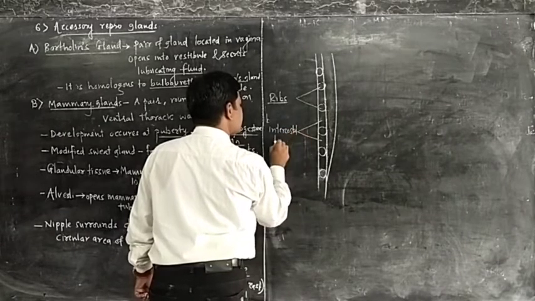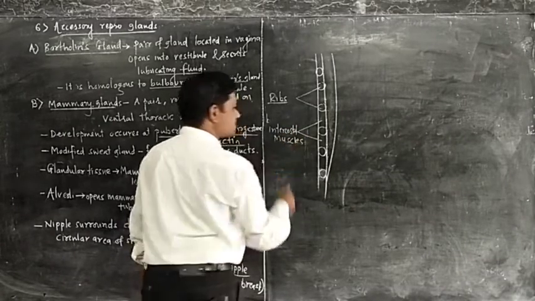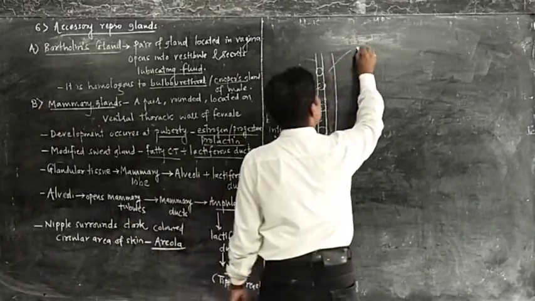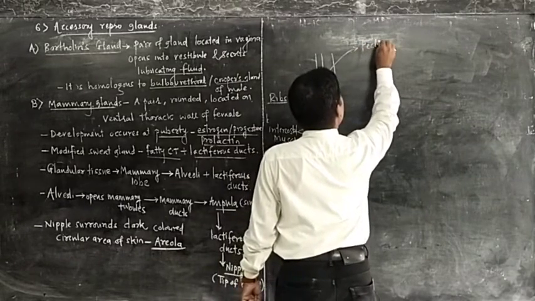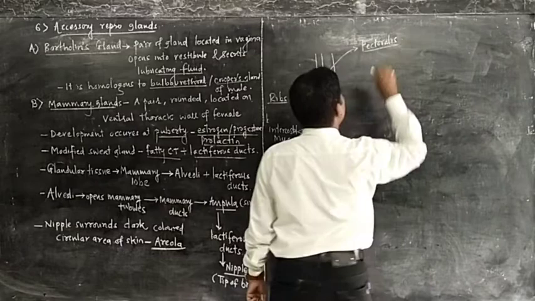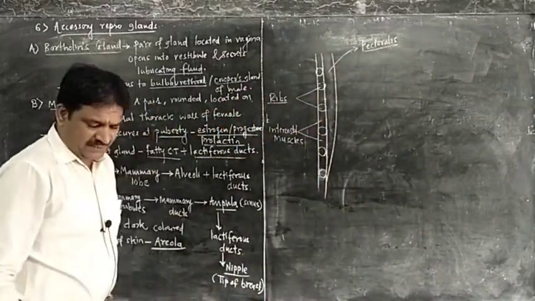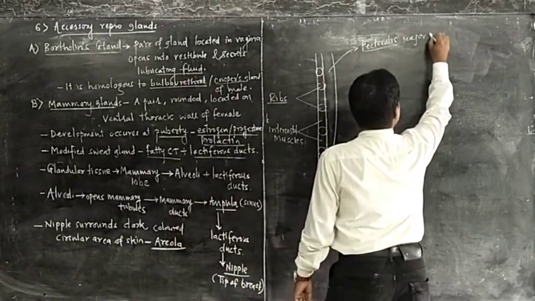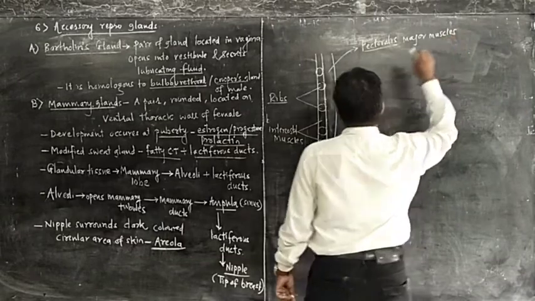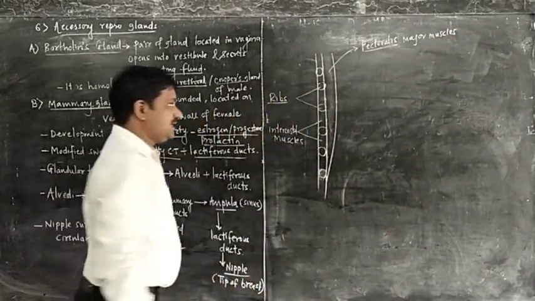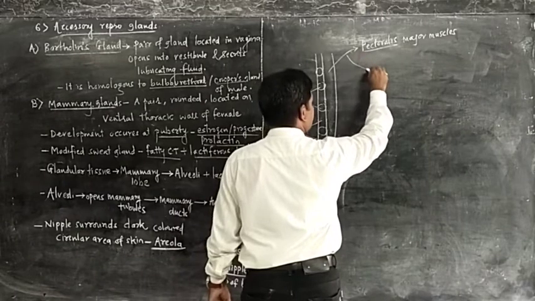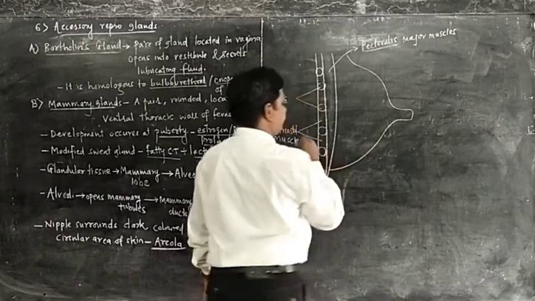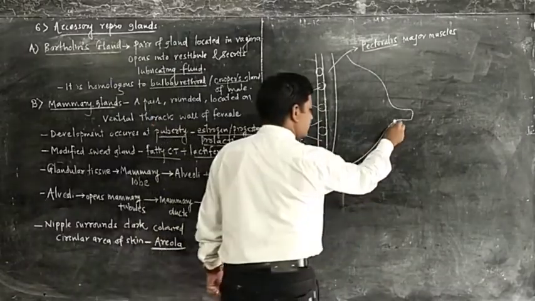And this particular one is the pectoralis major muscle, in the pectoral region of the female. Now see the particular structure.